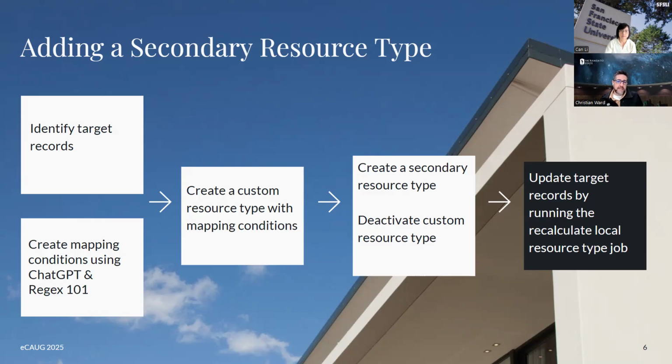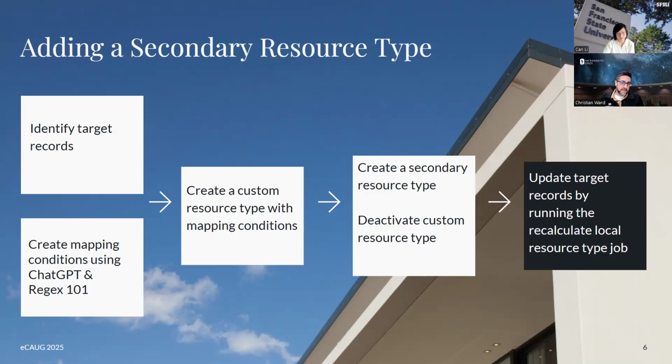So once our custom resource type is created, we are then going to create the associating secondary resource type mapping. And there we use the same mapping conditions and associate it with the custom resource type that we made. This is where you would associate any number of primary resources to this new resource type.